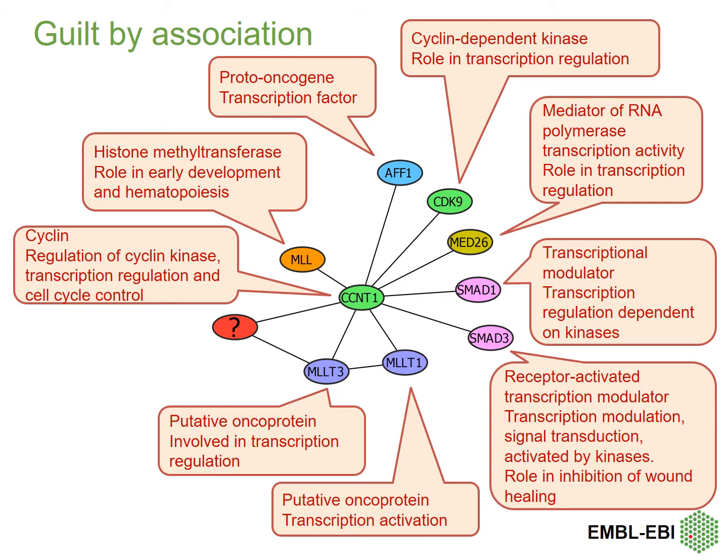So here's a protein. The main protein here is CCNT1 in green. It's a cyclin protein. It regulates a kinase. A kinase is an enzyme that adds a phosphorus group. Usually when you add a phosphorus group to a protein, that adds a level of energy and that activates it. CCNT1 can regulate genes coming on and off, transcriptional regulation.